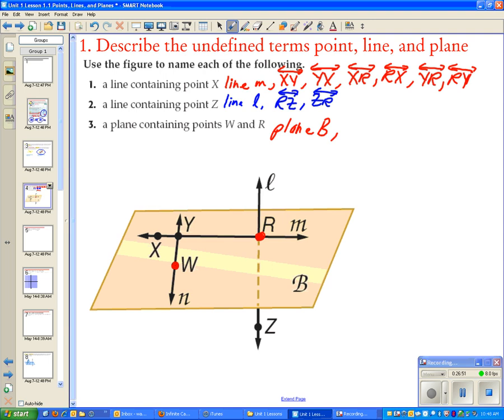I can name that plane any three non-collinear points. Any 3 points not on the same line. So I could call it plane what? YWR. And then all the different orders of Y, W, and R, right? RWY and everything else, which I'm not going to make you write. All right, so far so good? Okay.